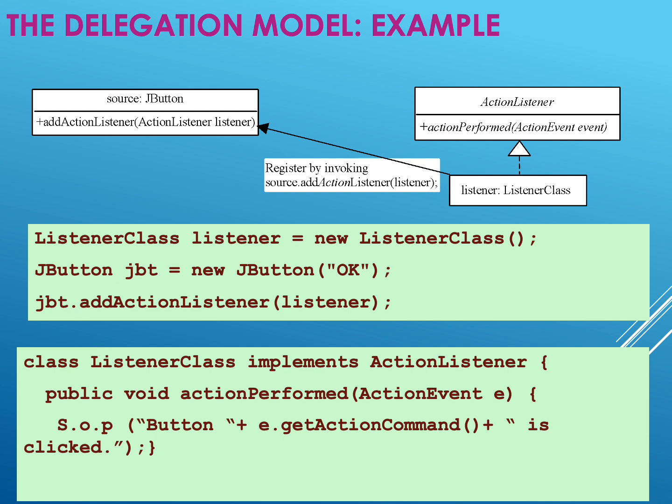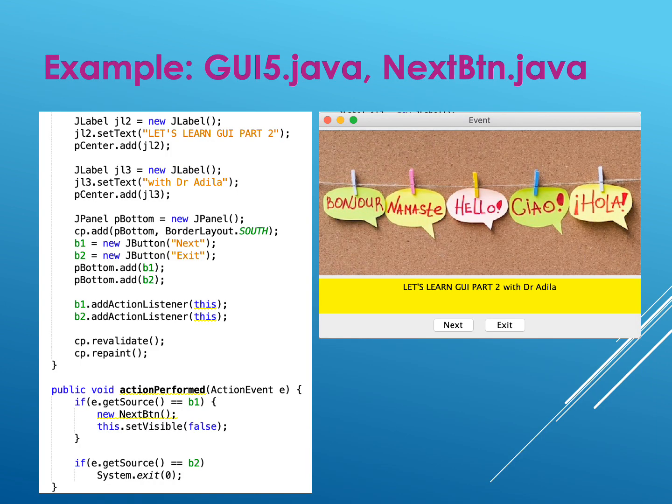Here is an example similar to the one that I showed you before. So it has the JButton and it uses addActionListener and calls the method actionPerformed. On your online learning, I have posted this example called GUI5.java and NextBtn.java.